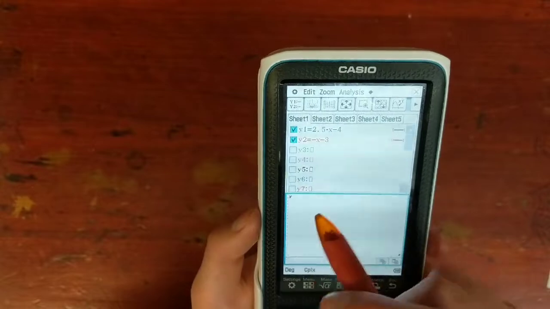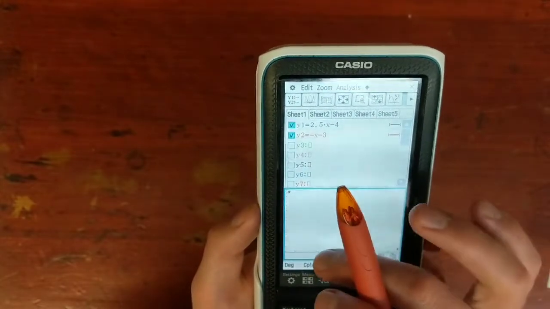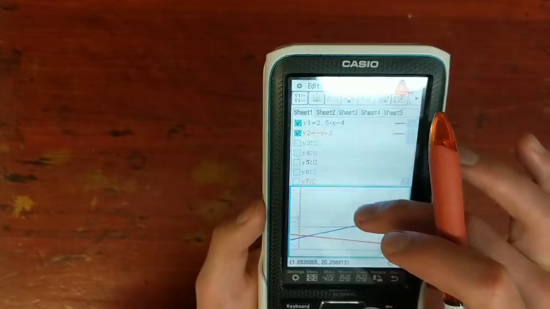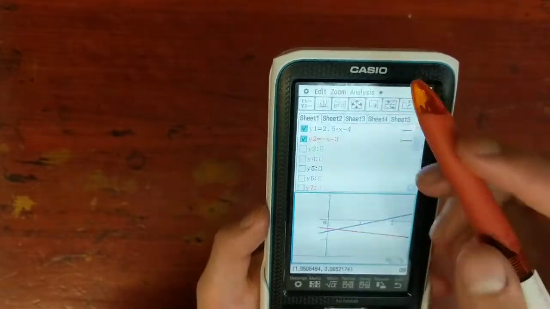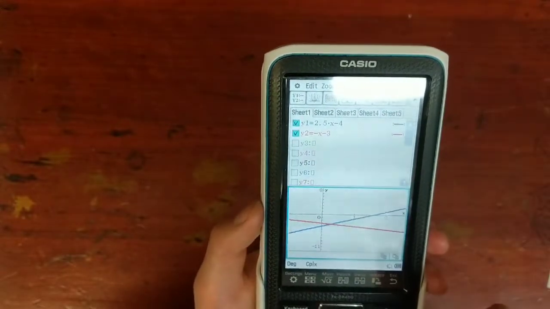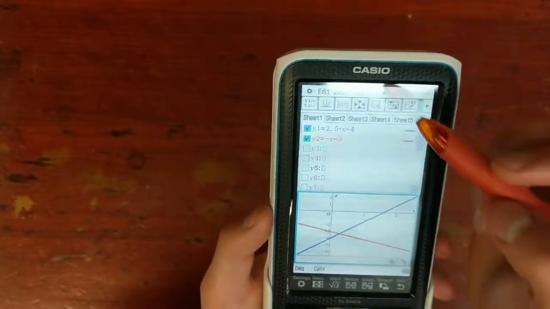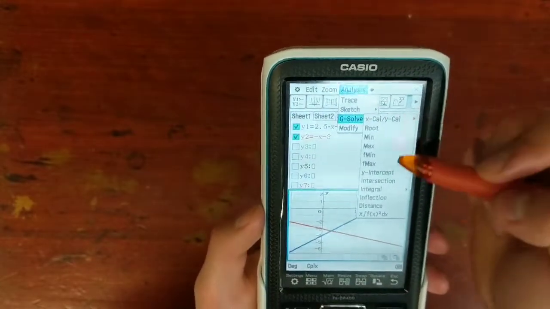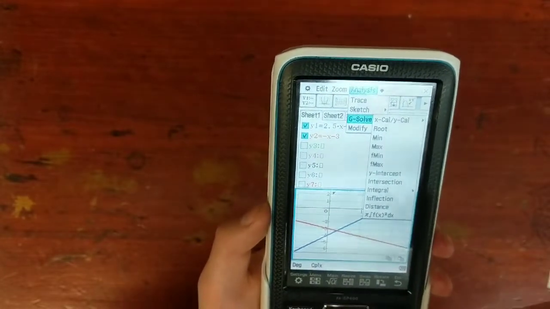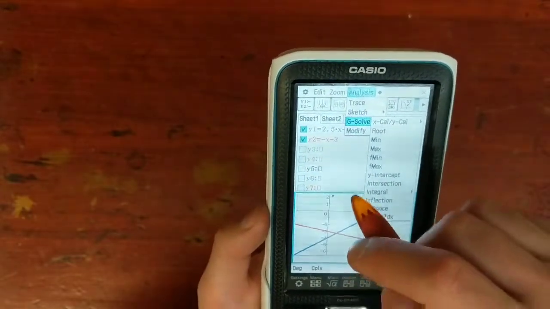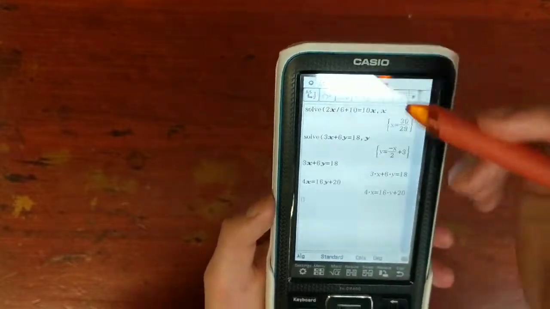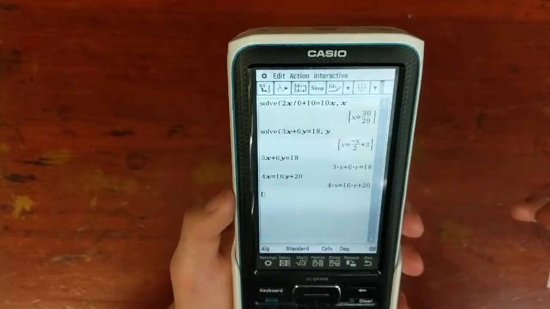Now you'll notice that it's not in the proper spot here, so I can zoom around, I can move around with my finger to find where my lines are, or like before I can go up to zoom and hit auto and it'll do it automatically for me. There we go. And then up here in analysis, gsolve, I can do all the same things that I did on the main function. So there isn't really any need at the moment to use this specialized page. Everything we need to do we can do here in the main page, but I did just want to show you that so that you know that it's there.